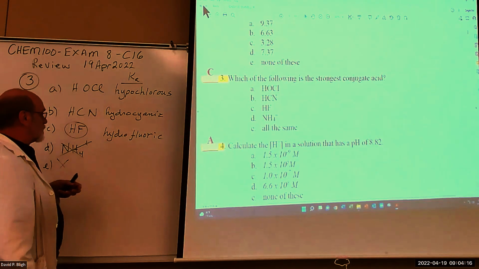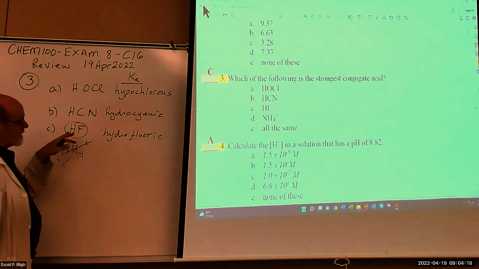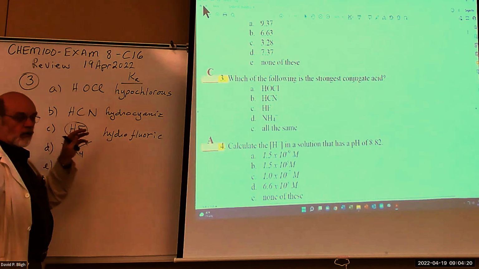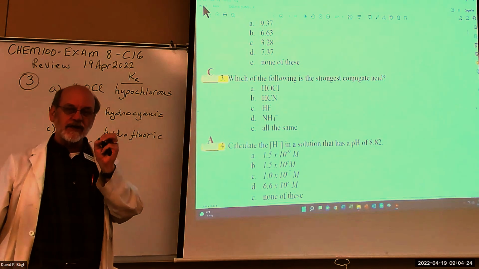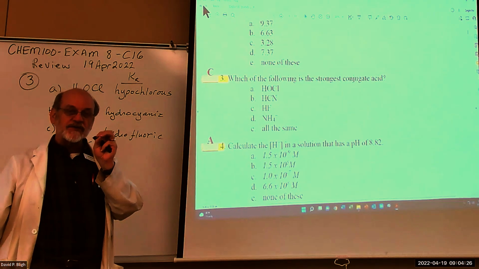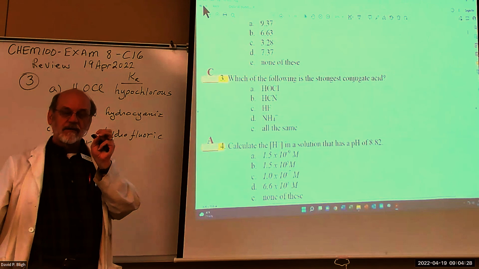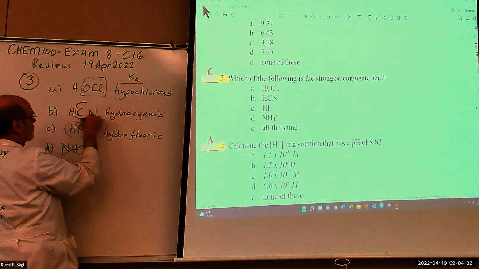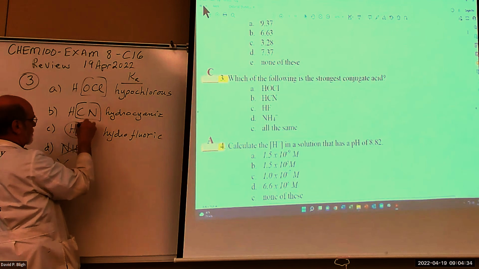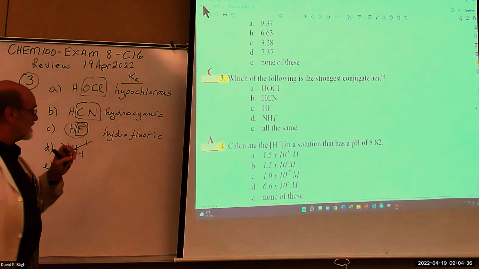So we have to assume that not only do we need to know the strongest electronegativity, but what's the size of this part of the molecule, right?